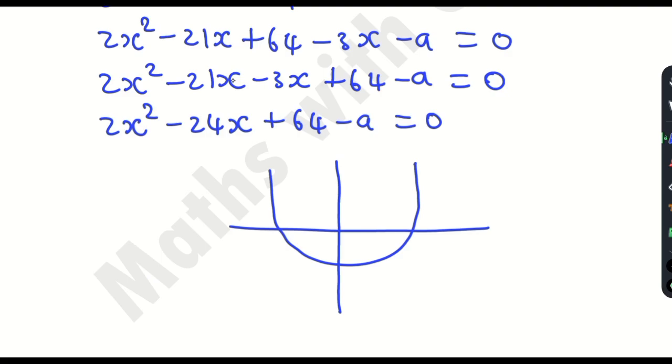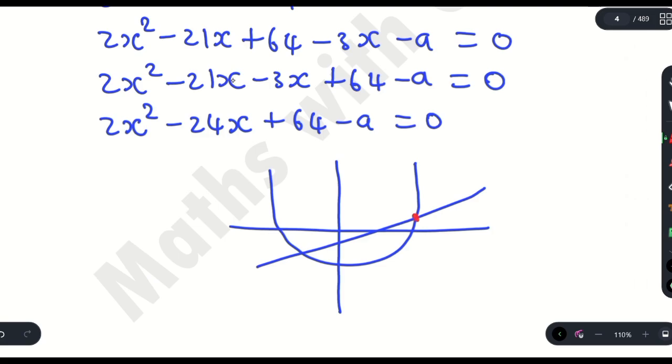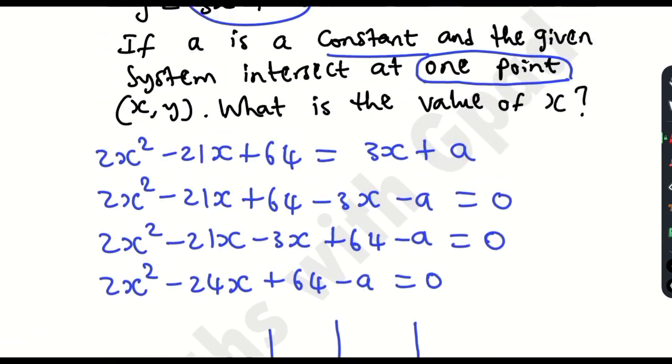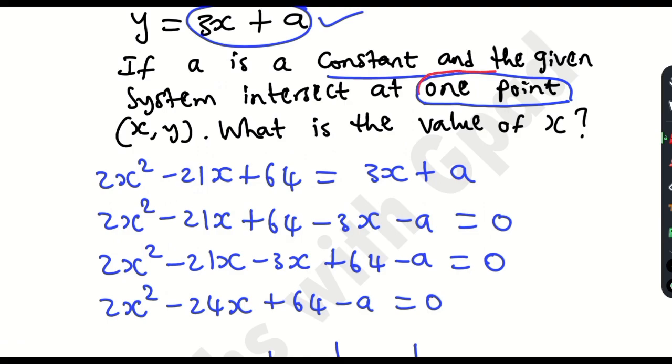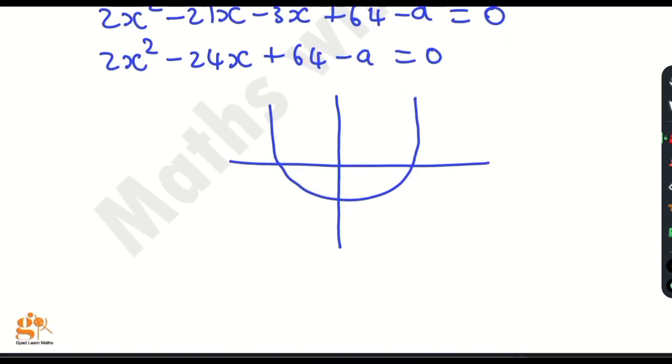If the straight line goes through this curve like this, you have two solutions, because they intersect at two points, here and here. But what we have is not this case. They said they intersect at one point, which means the straight line does not pass through the curve. It just touches it at a point, something like this. Now I'm just giving an instance. This is where they intersect.